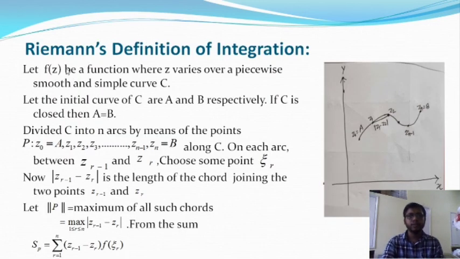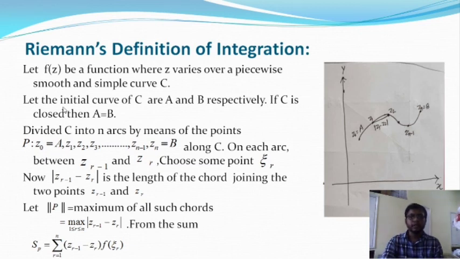Okay, next we are going to talk about the Riemann definition of integration. Basically the Riemann definition of integration is defined on a simple and piecewise smooth curve. It is not defined on a closed curve. So let f of z be a function where z varies over a piecewise smooth and simple curve C, capital C. This is the simple curve where the beginning point is z equal to a and the end point is z equal to b.